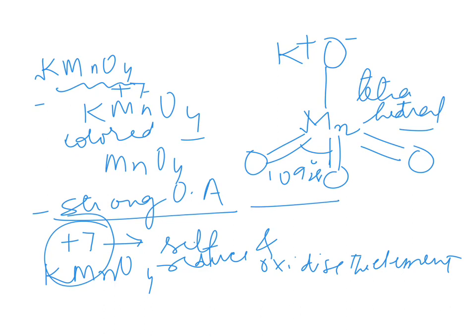The angle of O-Mn-O is 109 degrees 28 minutes. Due to resonance, all the Mn-O bonds have the same length. It can have 4 resonating structures, and due to these, the structure is very stable and has the same bond length.